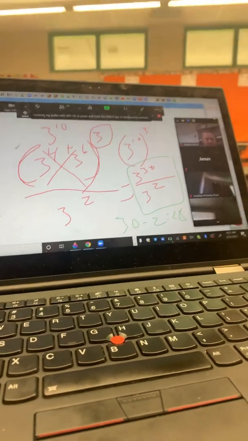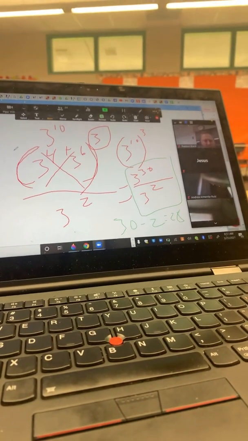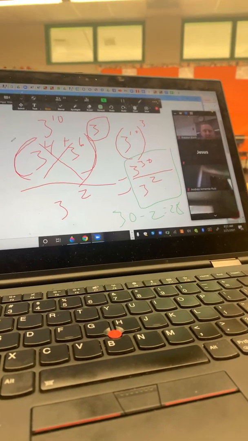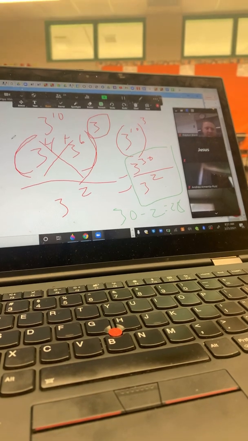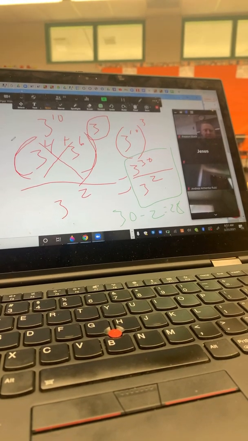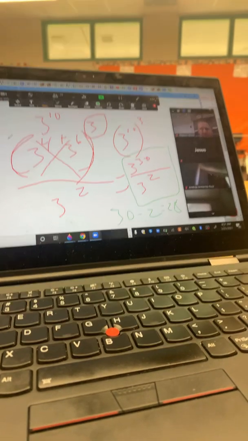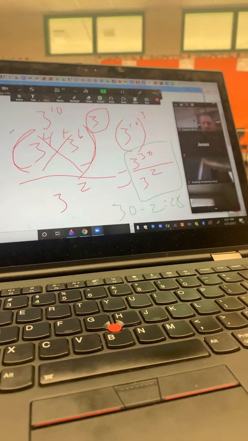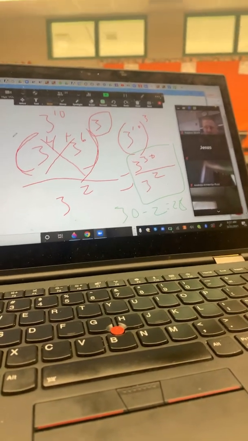So they did a very good job of being able to explain how to differentiate between a base and an exponent, how to really find and know what to do when the bases are the same, when the bases are different. They were able to explain how that changes the problem.